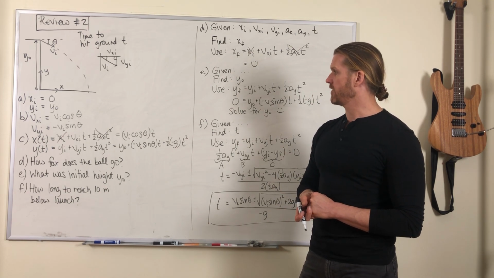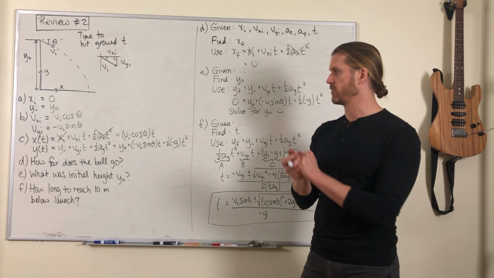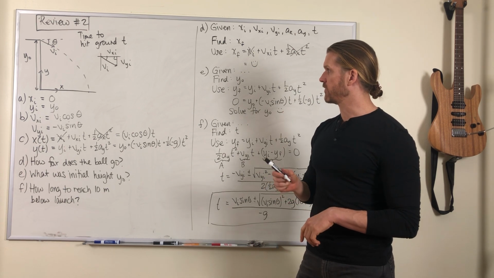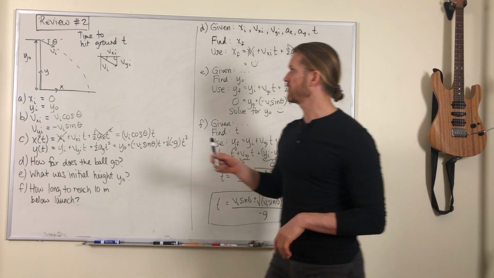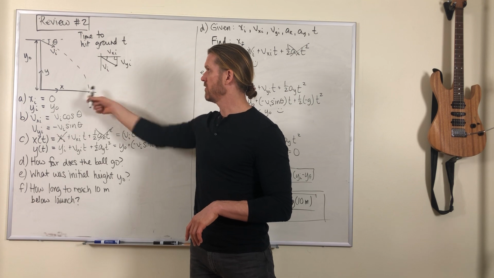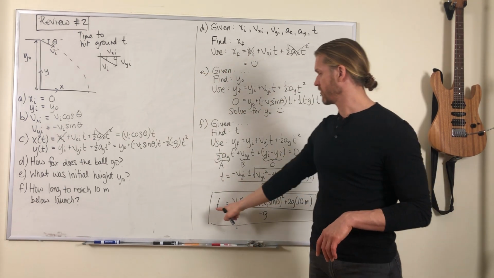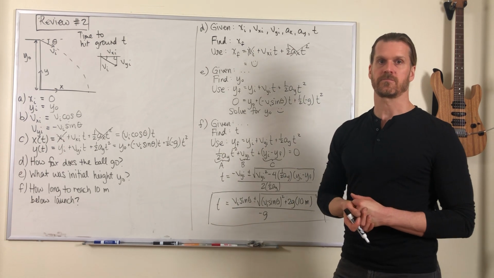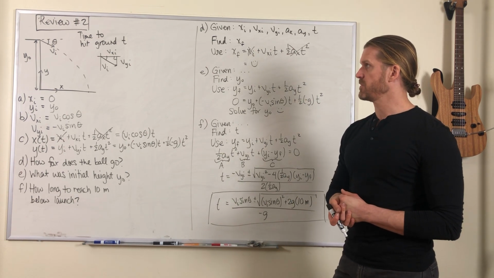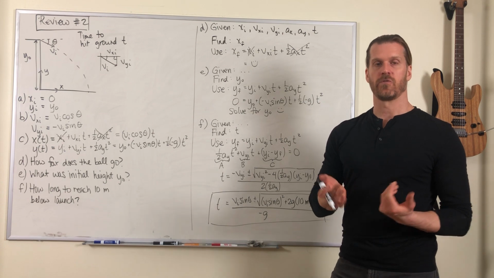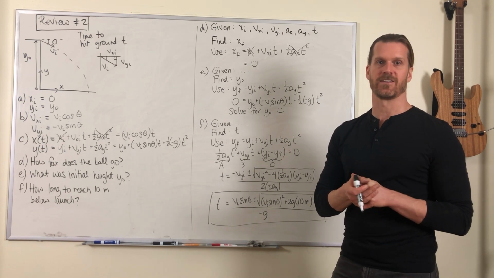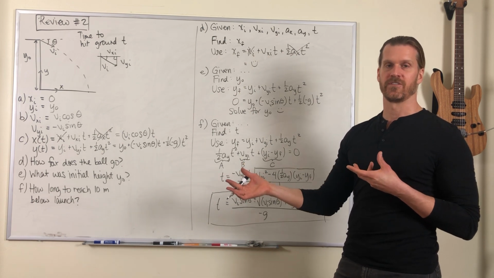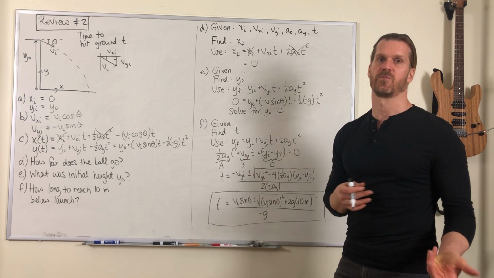I could ask you to calculate other stuff, like some of the things we did in problem 1, for instance. What is the final velocity vector when the ball hits the ground? Or what's the final velocity vector at this time after it falls by 10 meters? So be prepared to do all those types of kinematic calculations. Maybe a problem that combines the questions from problem 1 and problem 2 together.